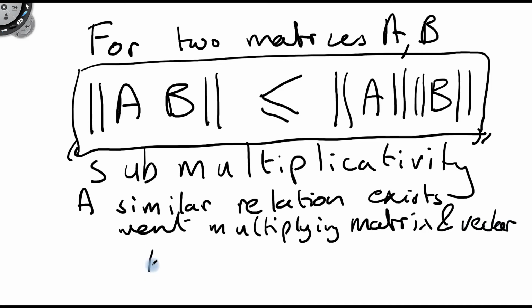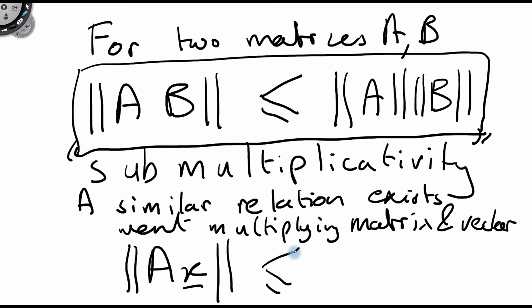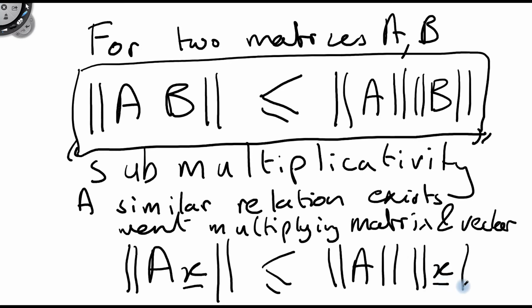So if we take Ax, the left hand side, so matrix times a vector, and now we take the norm of that, again that can be broken up into the norm of A times the norm of x. Notice I haven't specified which norm here. It applies to all. Okay, so it could be infinity, it could be 2, and equivalently there.